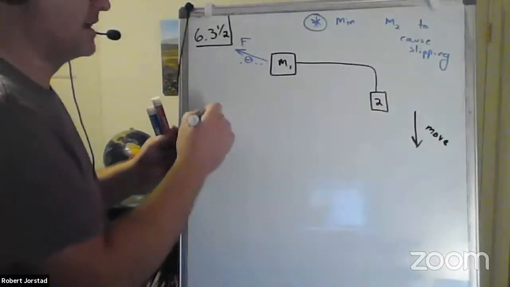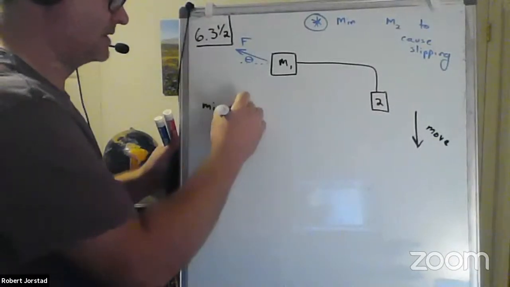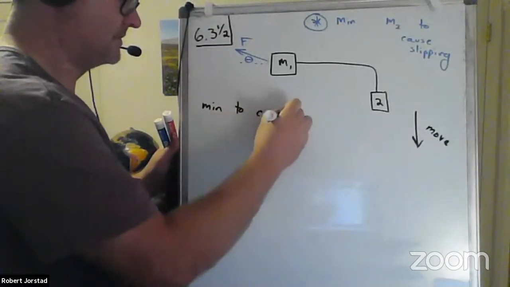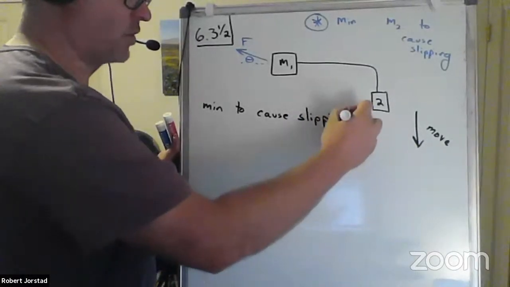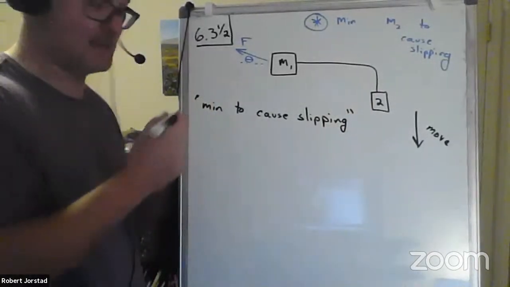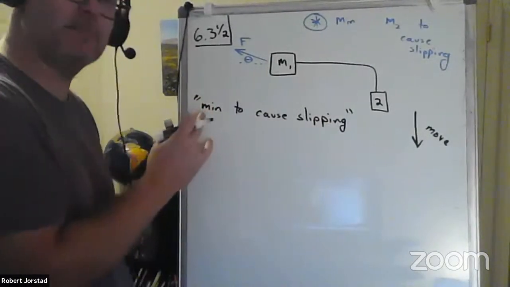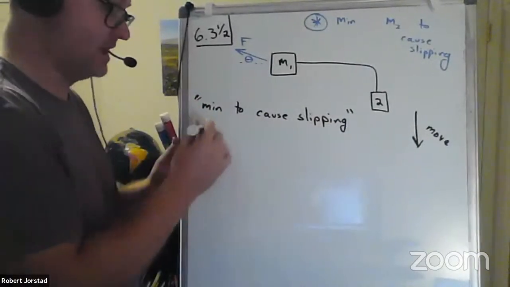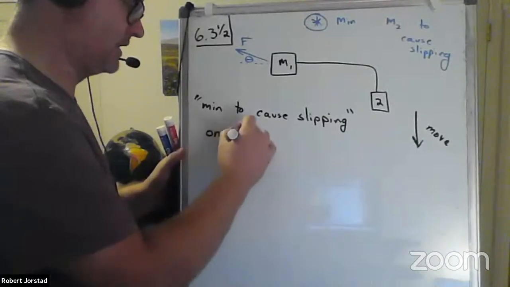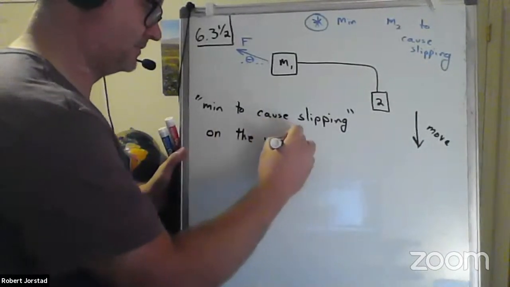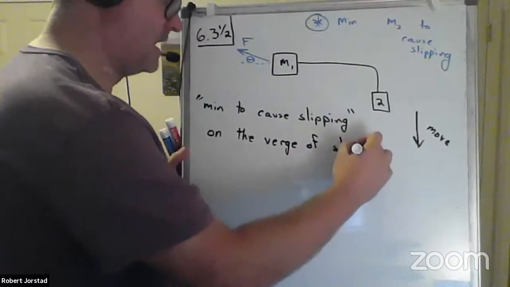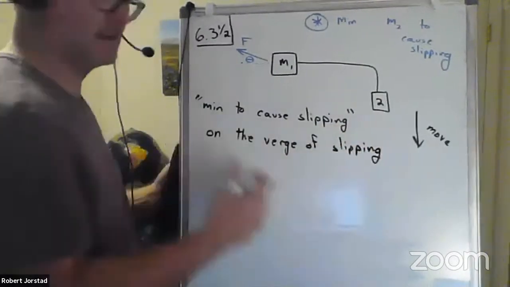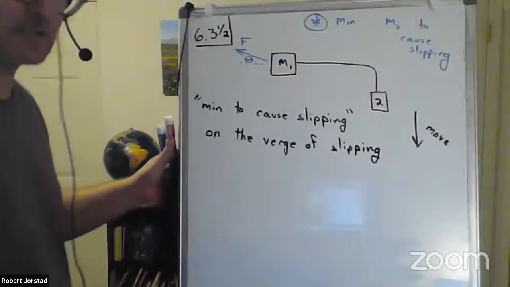Now it says minimum to cause slipping. When I see those words, what I think is it's just about to slip. So this is equivalent to on the verge of slipping. So when I see this problem, I think, okay, this must be on the verge of slipping.